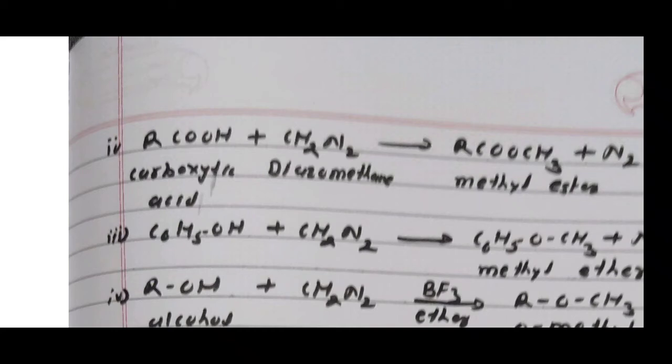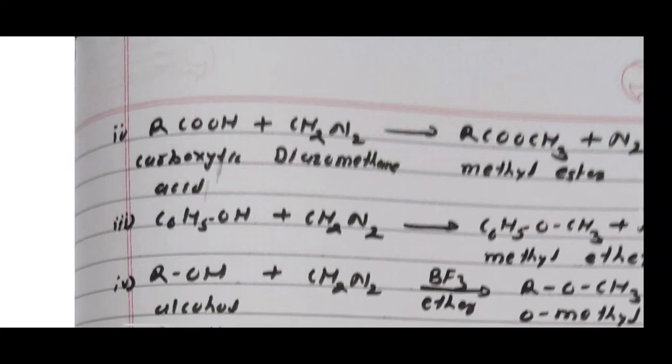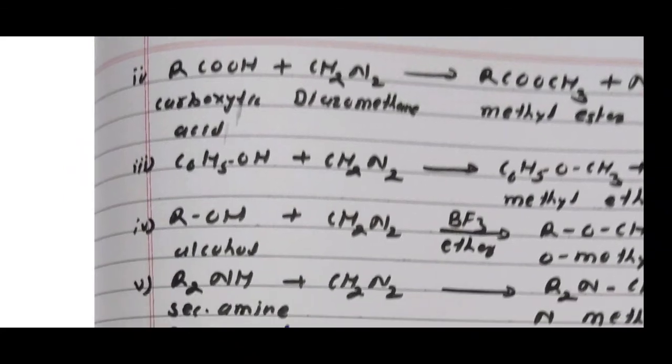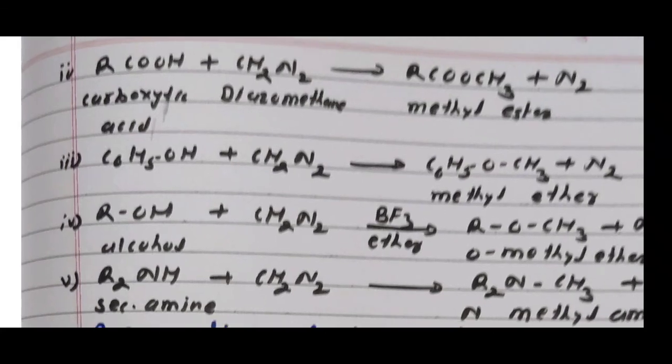Then the third reaction: C6H5OH, that is phenol, reacts with diazomethane, C6H5OH plus CH2N2. In the formation, C6H5O remains as it is, then the H is replaced by the CH2 group converted to CH3, forming C6H5OCH3 plus N2, that is the methyl ether.